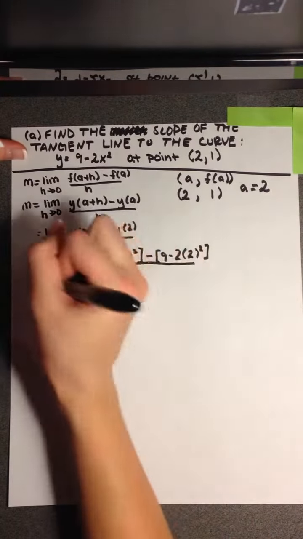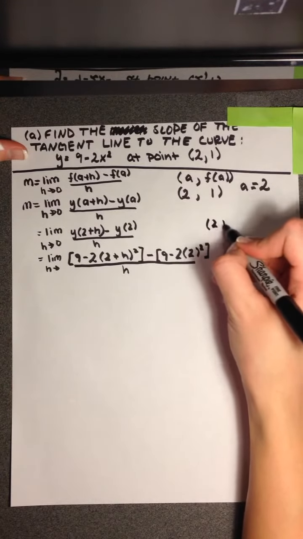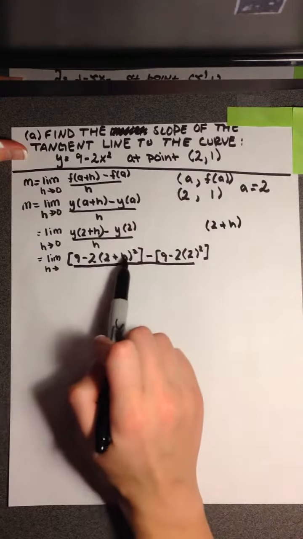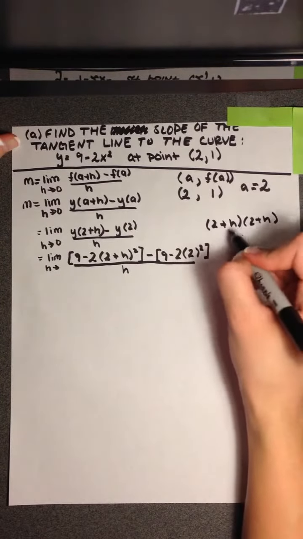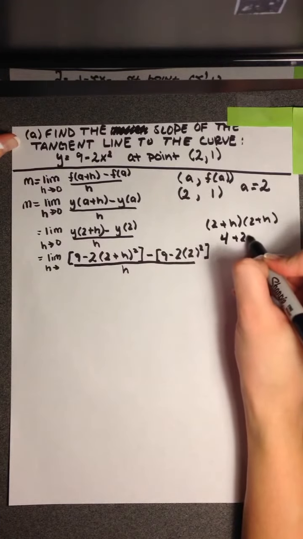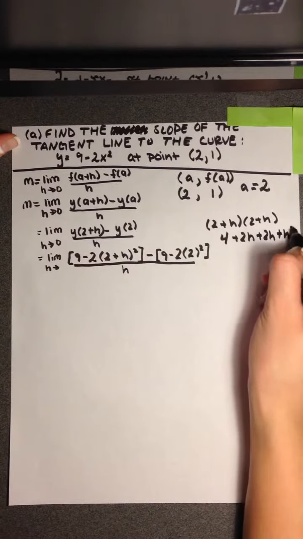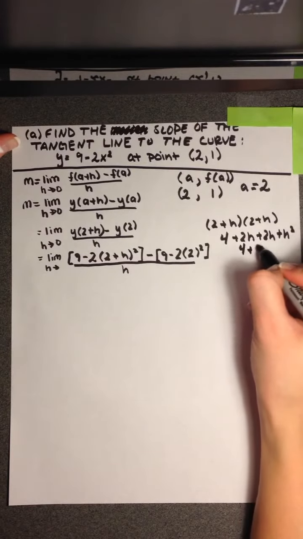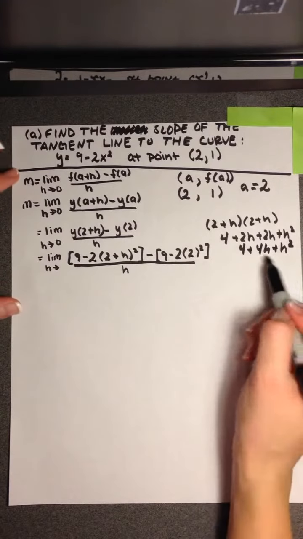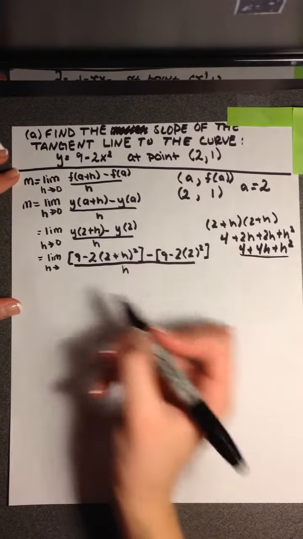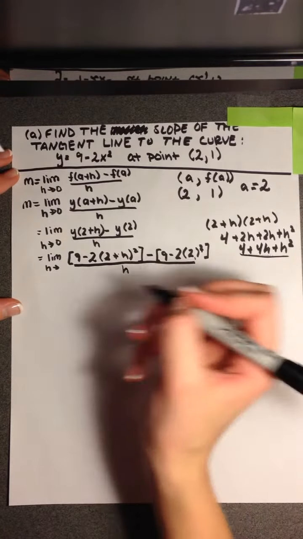The next thing we're going to do is FOIL this 2 plus h squared really fast. That's going to give us 4 plus 2h plus 2h plus h squared. So that's 4 plus 4h plus h squared. We're going to put this in right here in this next step, and then we'll also square this 2.